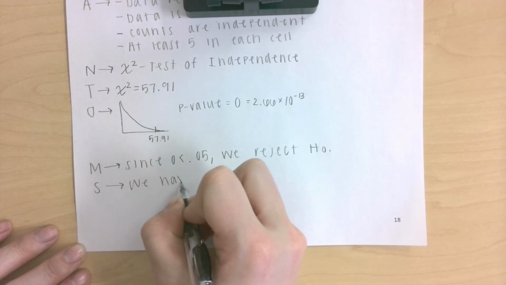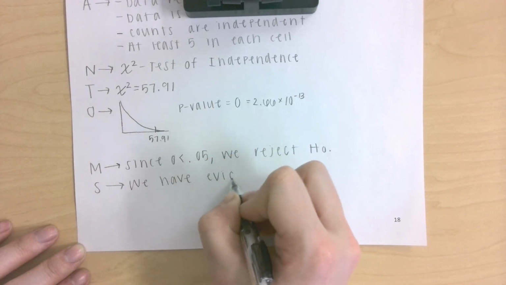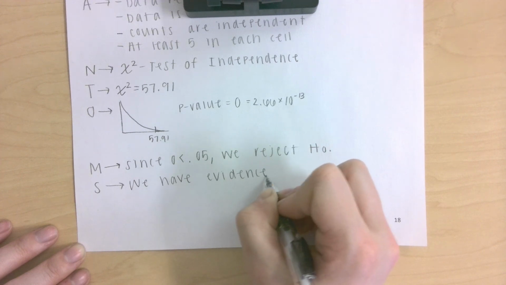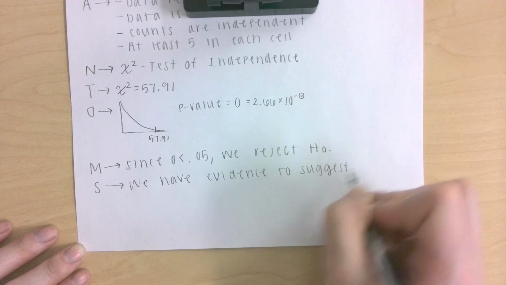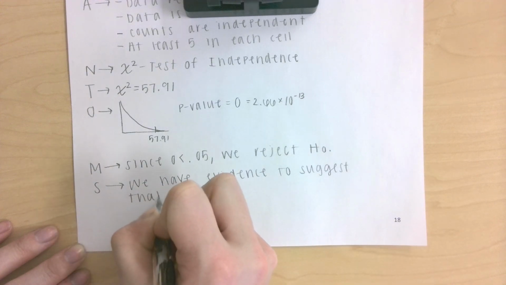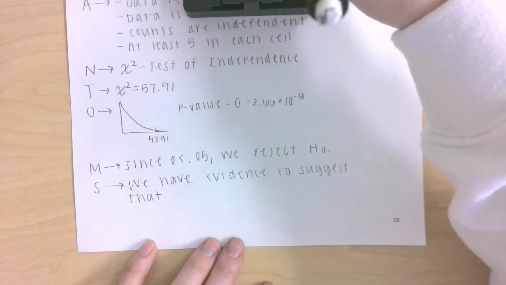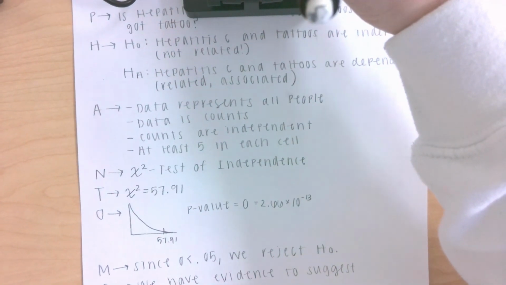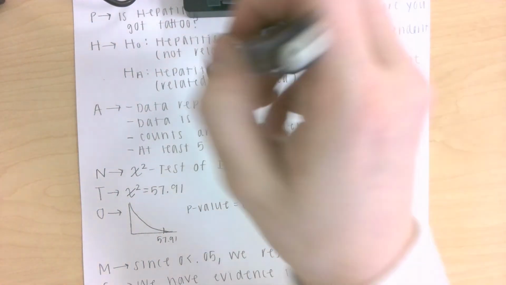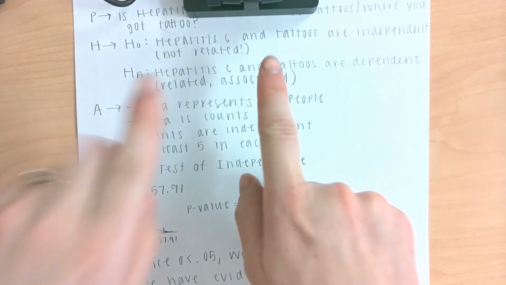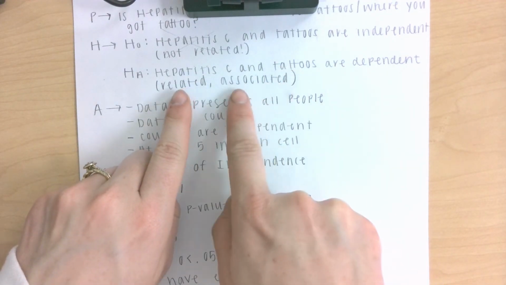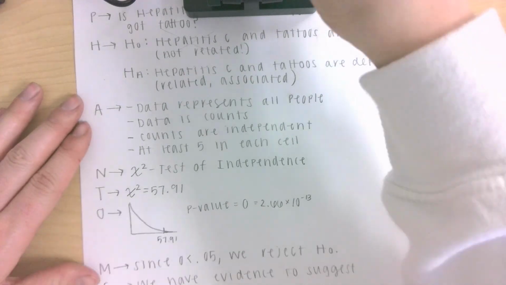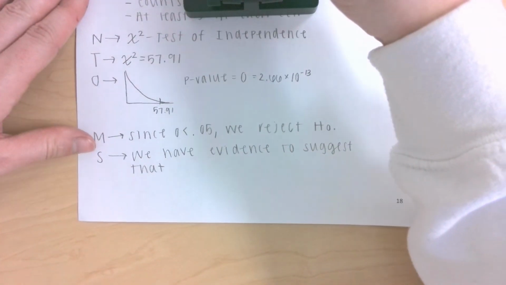So we have evidence to suggest that, let's go ahead and take a look at our hypotheses again. So I am rejecting the null hypothesis, which means I have evidence that hepatitis C and tattoos are somehow related or associated.